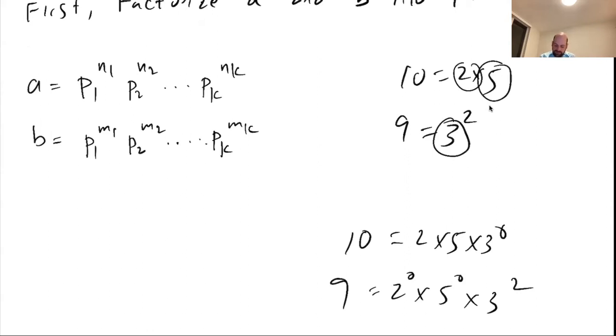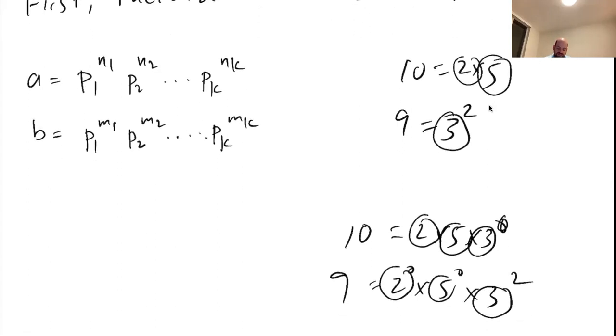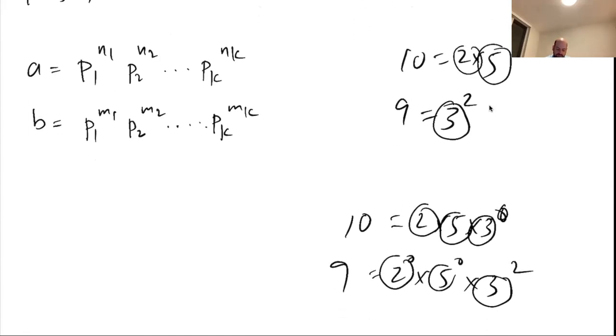Now see these numbers, 253, 253. I can write it in this form because I allow power 0 for my prime numbers. Here I have to mention that P1 to Pk are all prime numbers.